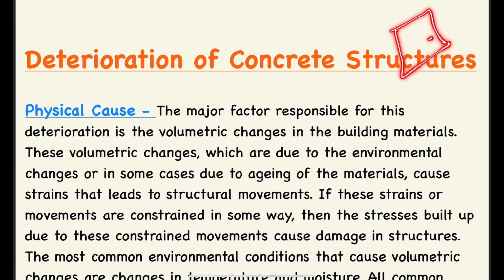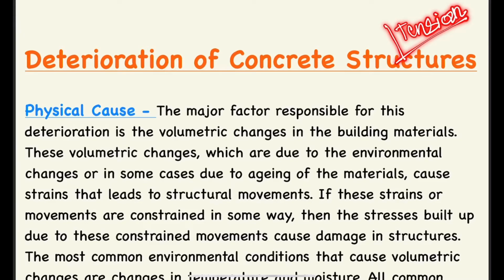So they are not able to move. So if they are not able to move, then definitely they are going to cause harm to the structure, because tensile forces will develop in the structure, and concrete structure is weak in tension.